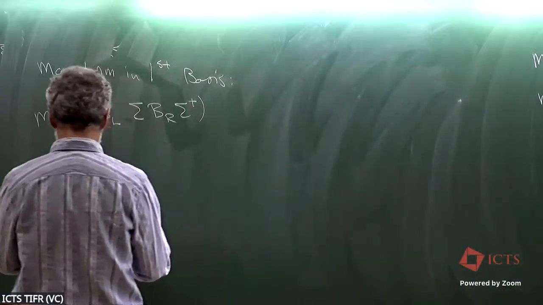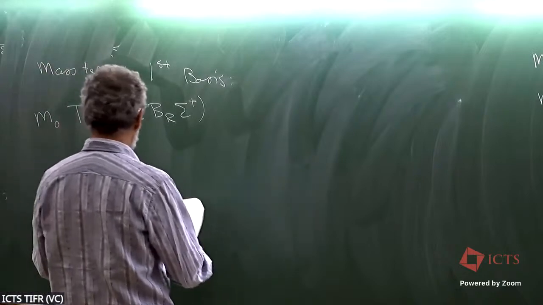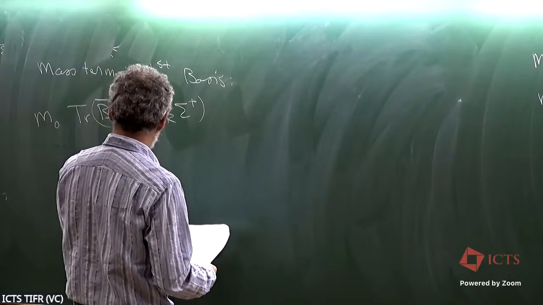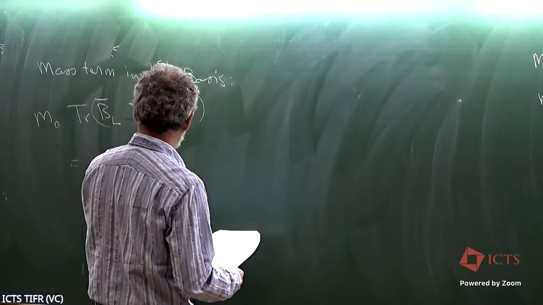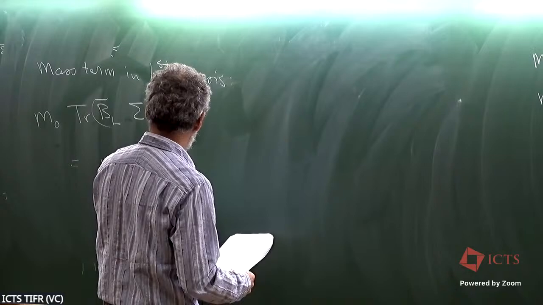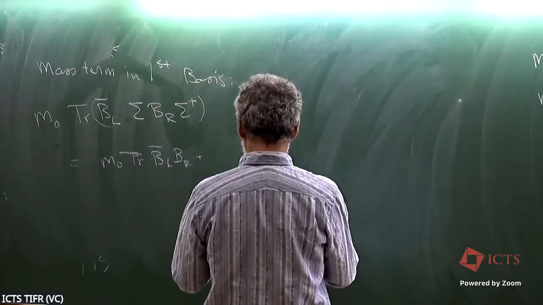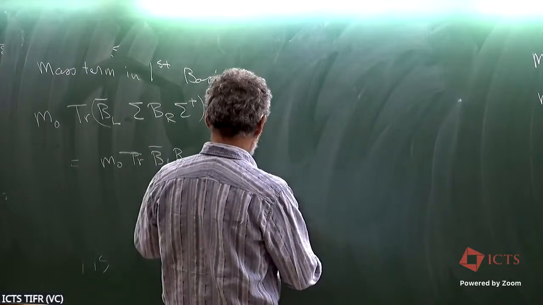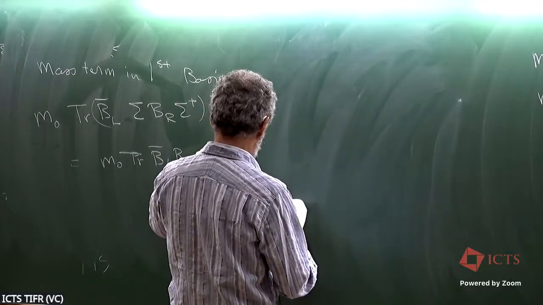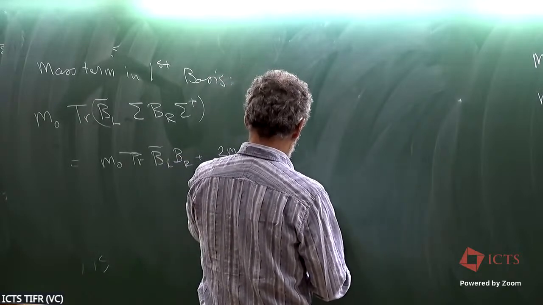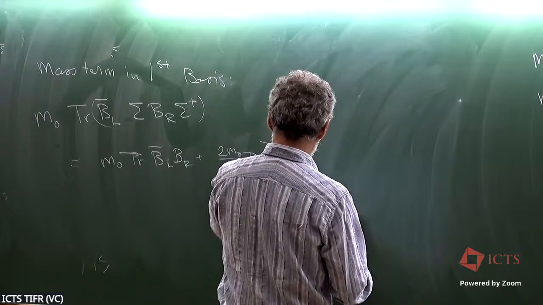Now you expand this, and you can find that this is M naught trace B bar left, B right, plus, and then you can find that there's a twice M naught over F trace B bar i gamma 5.